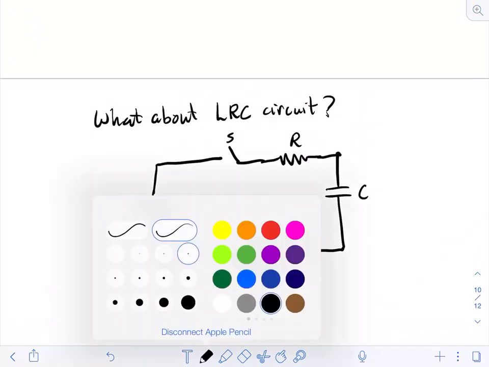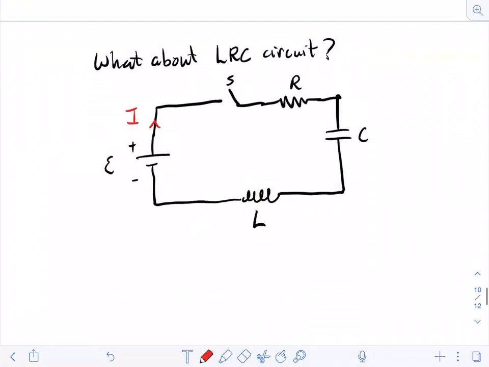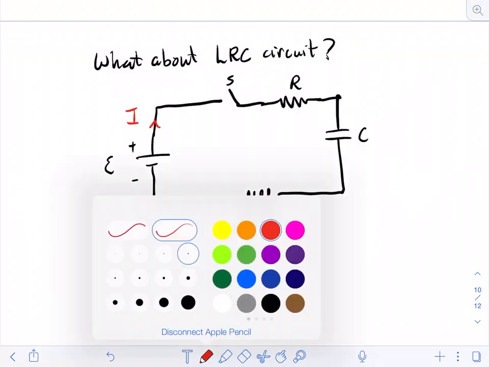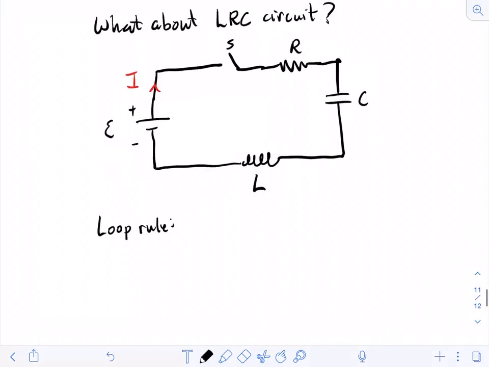And when the switch is closed, we imagine that we start to get a current that goes from the negative to the positive terminal of the battery. So if we did a loop rule, what would happen?